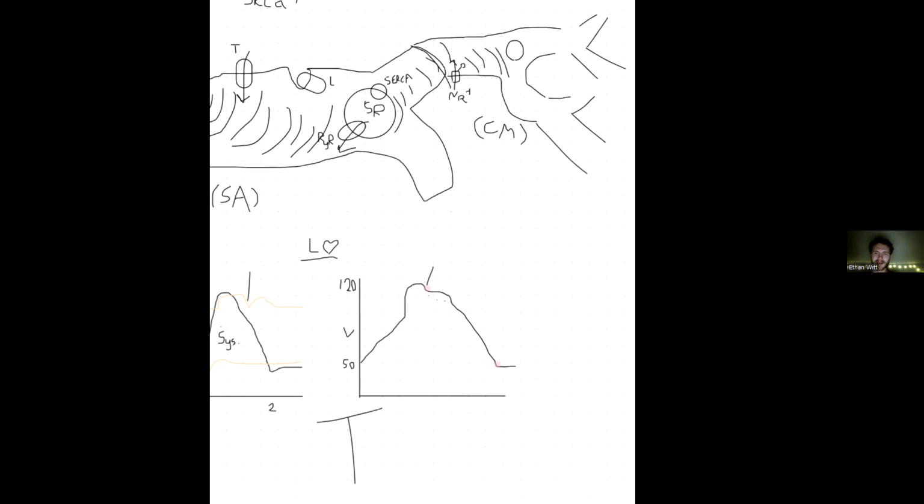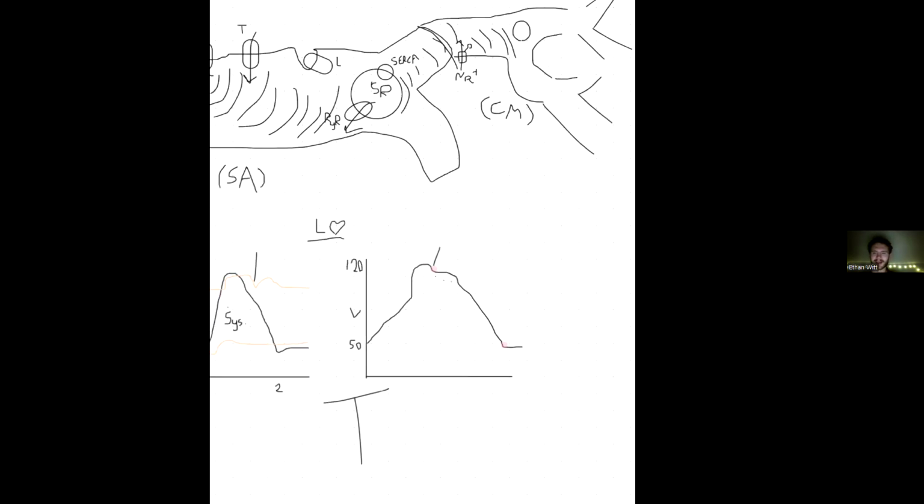But since our AV, atrioventricular valve, is closing, we see a brief pause, no change in the volume of the blood in the ventricle for a brief moment because that valve is being snapped shut, giving our, since it's the left ventricle, that would be our dub, that would be our S2. So our end diastolic volume is 120.